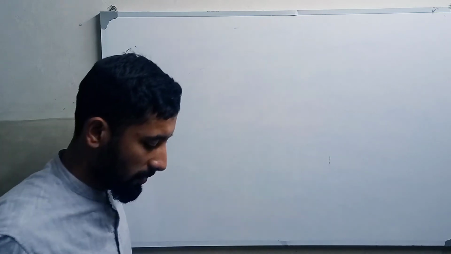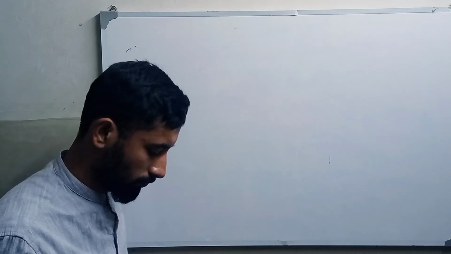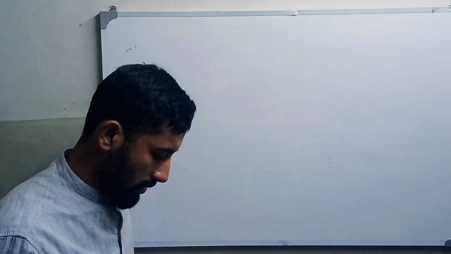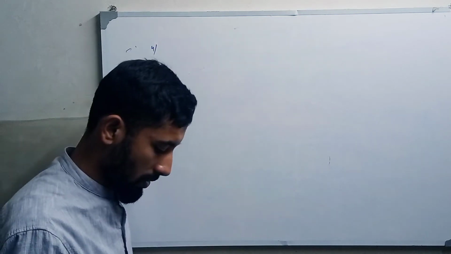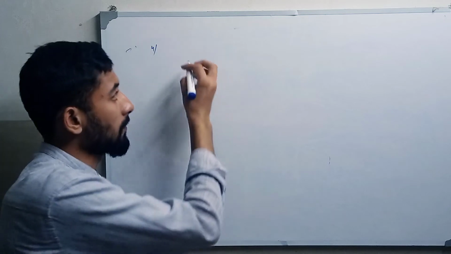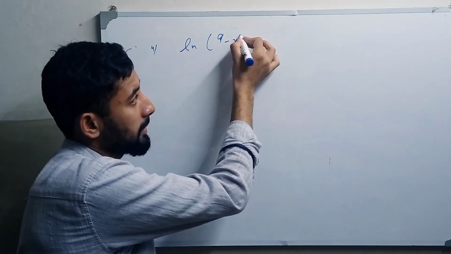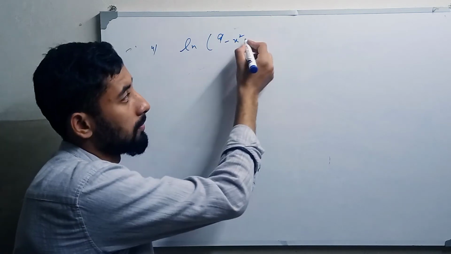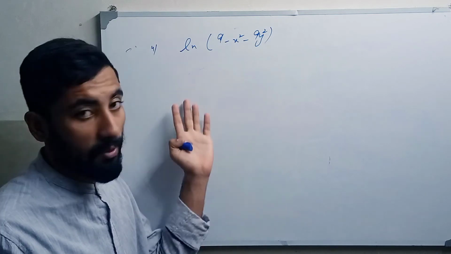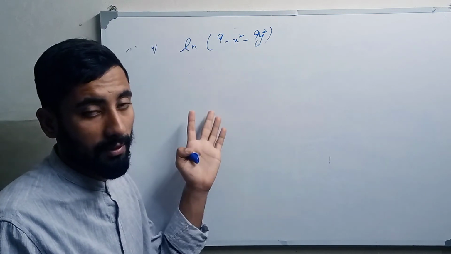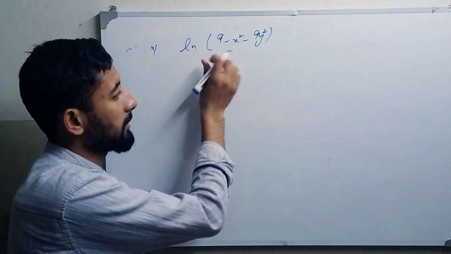Let's move towards our fourth example, and that is log of 9 minus x square minus 9y square. Okay, look here, we already discussed this type of question.